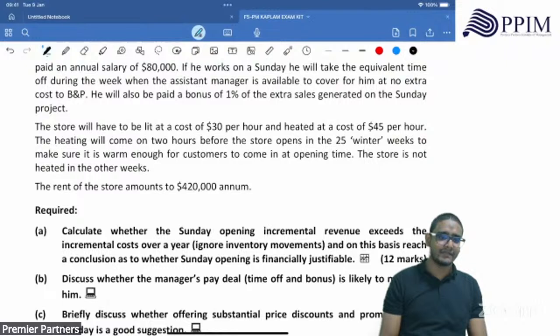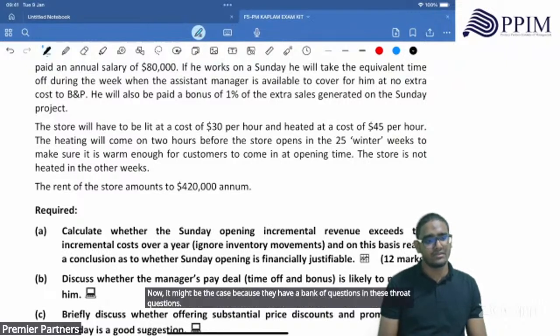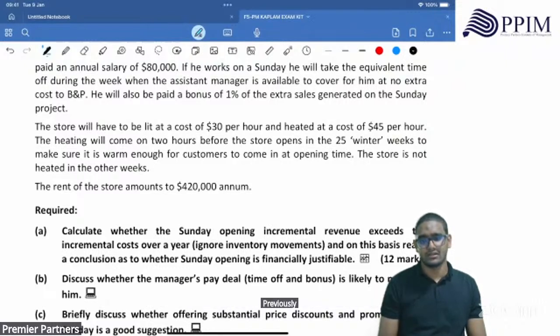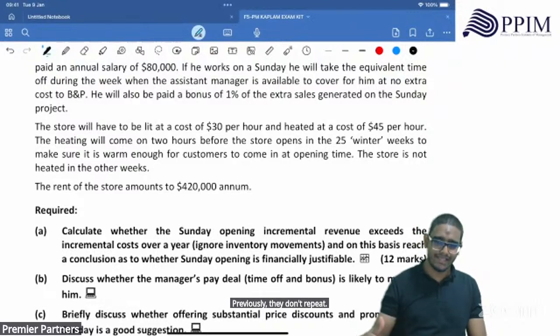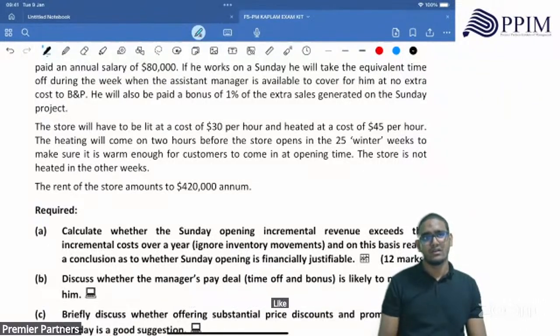Does the ACCA repeat similar scenarios? Now it might be the case because they have a bank of questions and just throw out questions. Previously, no, they don't repeat. It will be a similar case, but not the same. Like some of the degree programs you see, they'll give you the same question again.